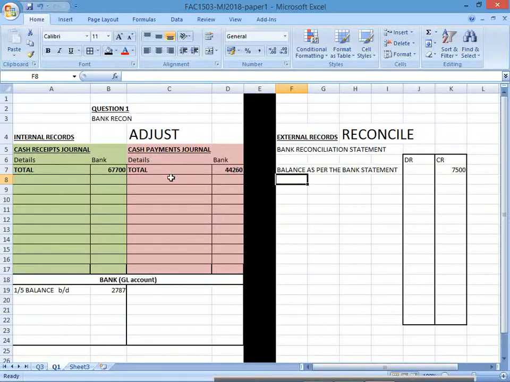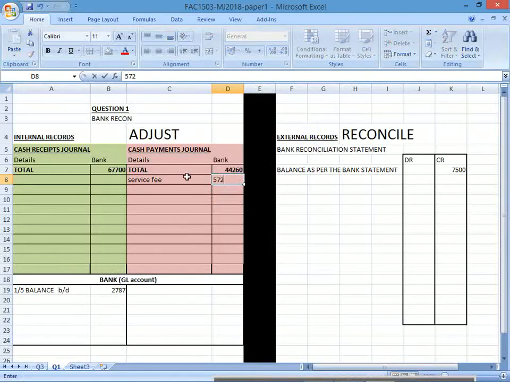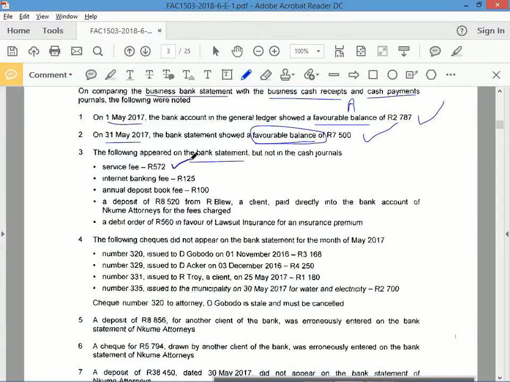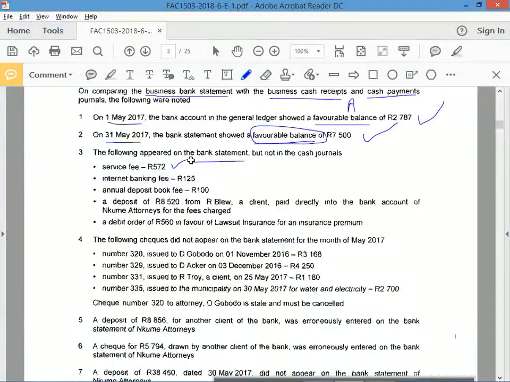The service fee is a payment, so let's record that. And the service fee was 572. Tick. Internet banking fee 125. Internet banking fee. Tick. Deposit book fee. Tick.